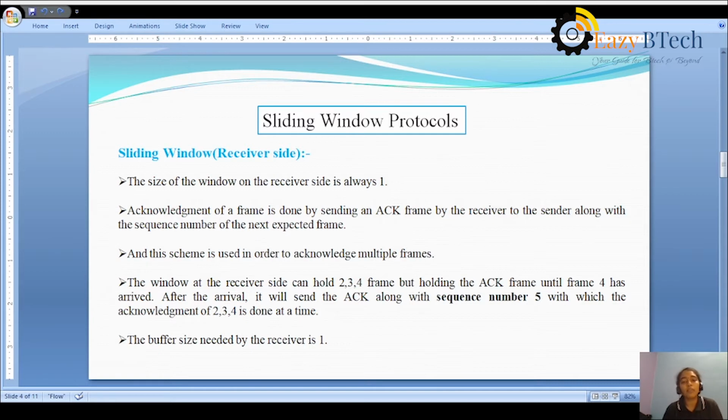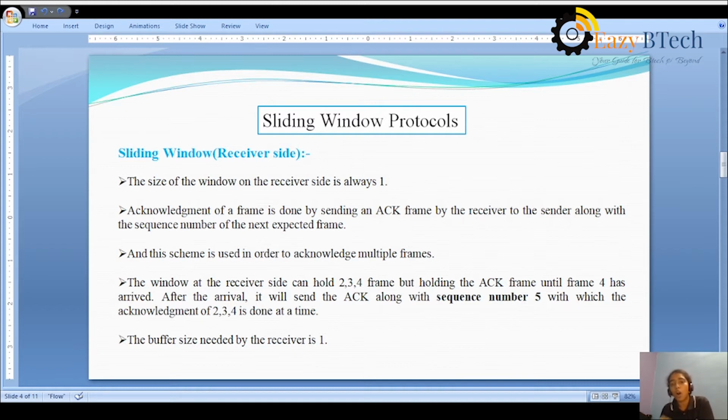The window at the receiver side can hold, for example, frames 2, 3, 4, but it holds the ACK frame until frame 4 has arrived. Here the sender wants to send multiple frames, 2, 3, 4, but the acknowledgement frame is held until the receiver has received all the frames the sender sent.